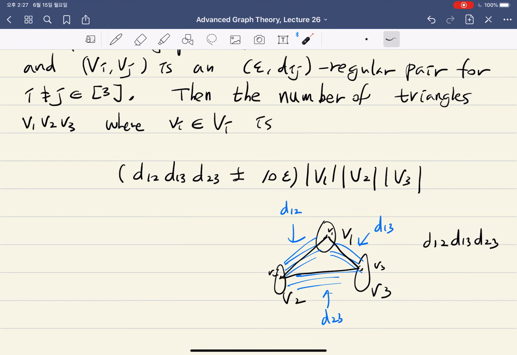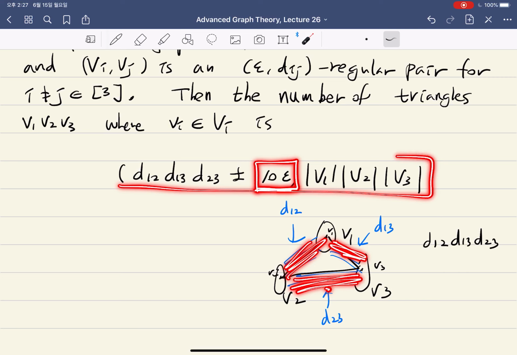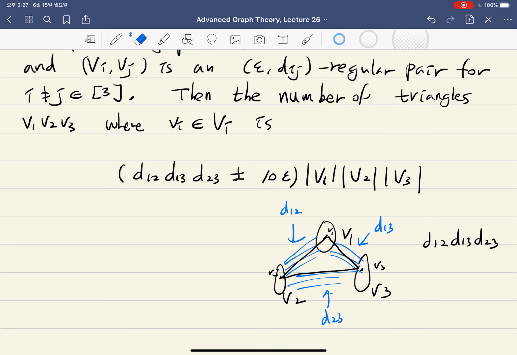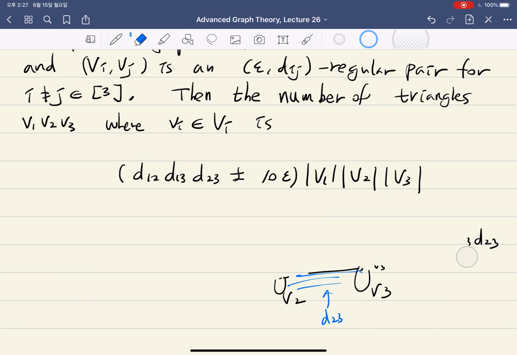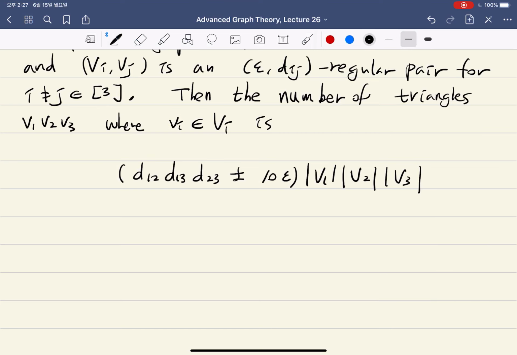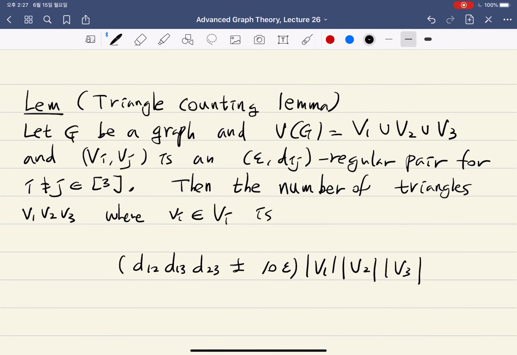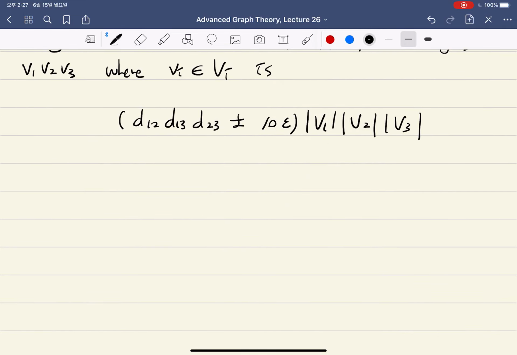And what it says is that even if this is not random, as long as this is epsilon regular, then there is some error term, but the number of triangles is very close to the expectation. I will leave this as an exercise. It's not difficult. So you have V1, V2, V3. How do you count a triangle?